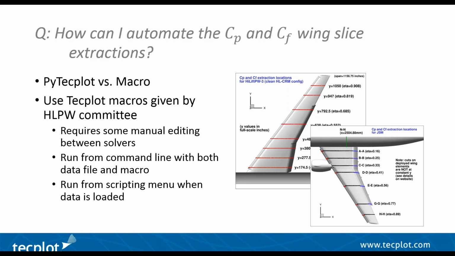But macros are fairly rigid, and all of the macros will require some manual editing between solvers. Specifically, they're looking to have, say, coefficient of pressure and coefficient of skin friction, so you have to know which variable number or position they're in to have these macros run properly.